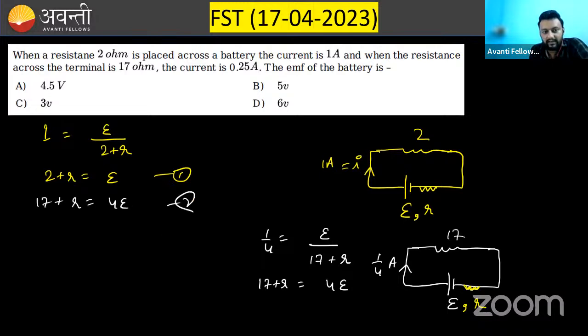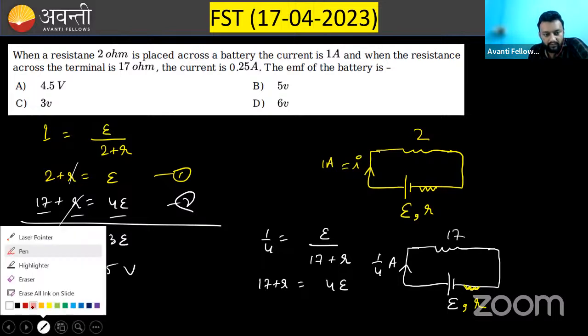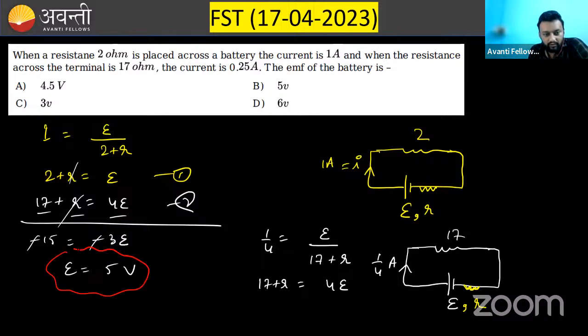This is our equation number second. We can solve it. Subtracting, minus 15 is equal to minus 3E. Minus, minus will be cancelled. So E is equal to 5 volt. So EMF of the battery is 5 volt.